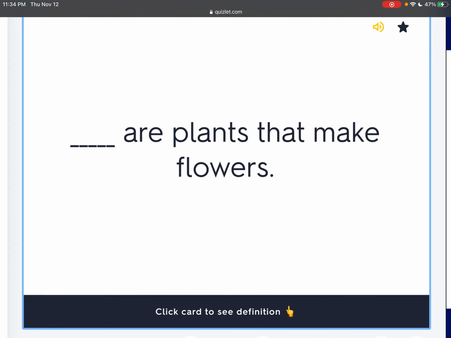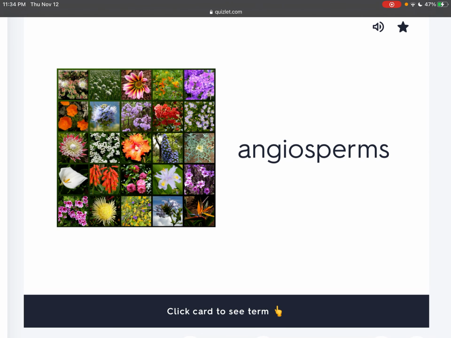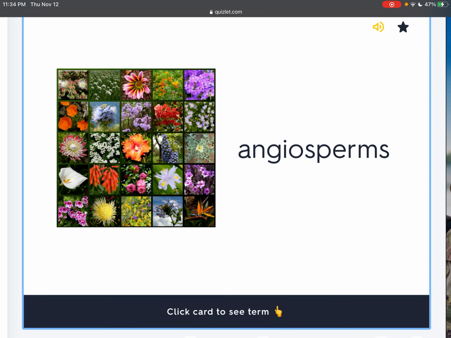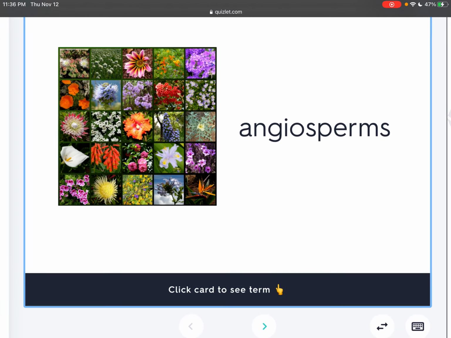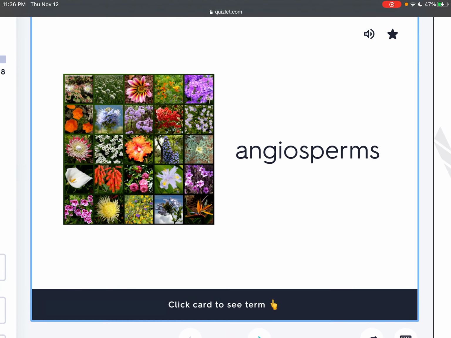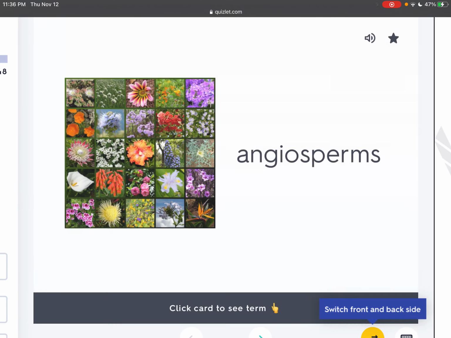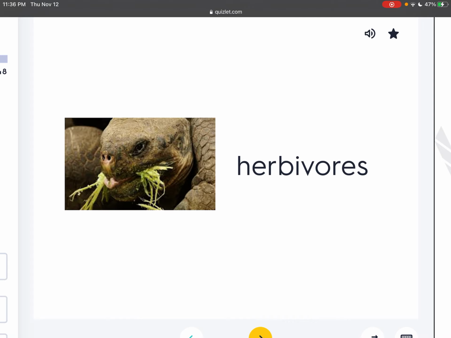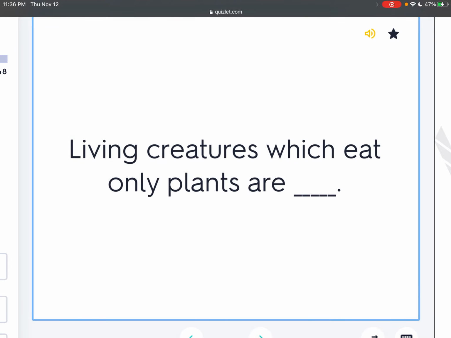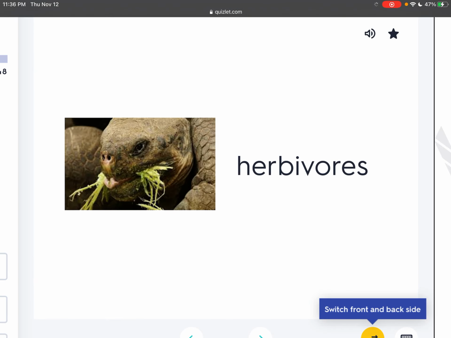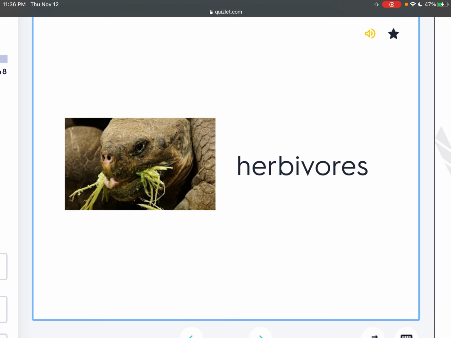Blank are plants that make flowers. Angiosperms. Living creatures which eat only plants are blank. Herbivores.